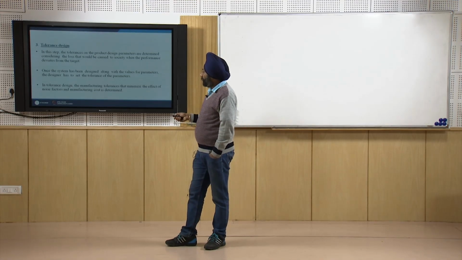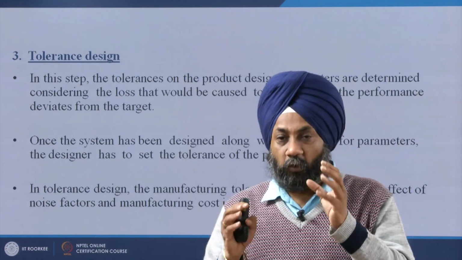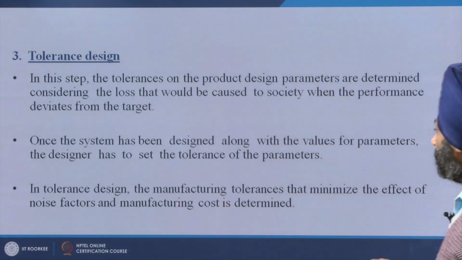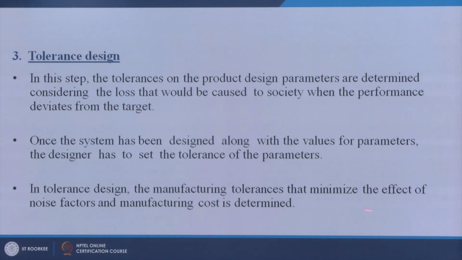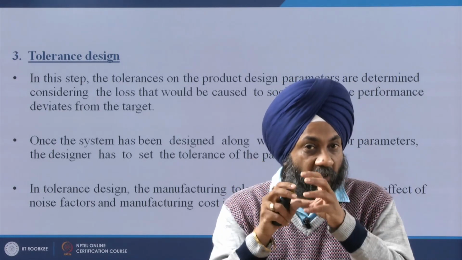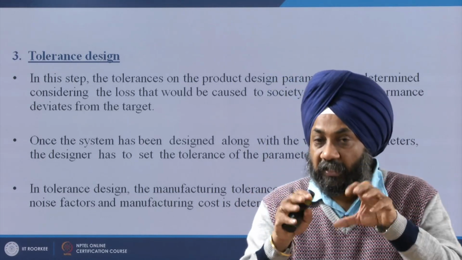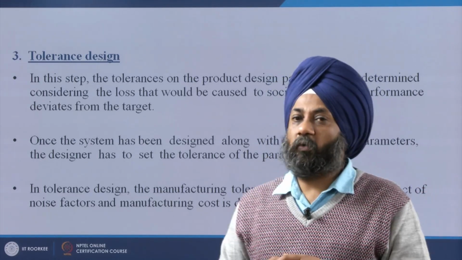In tolerance design, the manufacturing tolerances that minimize the effect of the noise factor and manufacturing cost are determined. So, there are 2 parameters here. Manufacturing cost is one parameter, and the effect of noise factors is the second parameter. So when we are setting the specifications or the tolerance range, we have to ensure that the design is insensitive to the noise parameters.